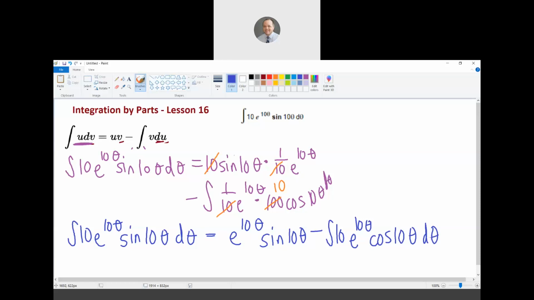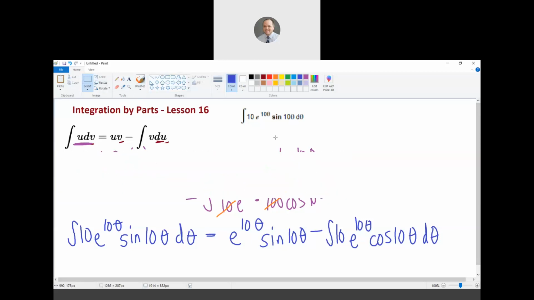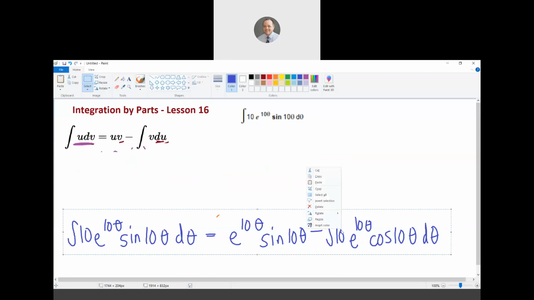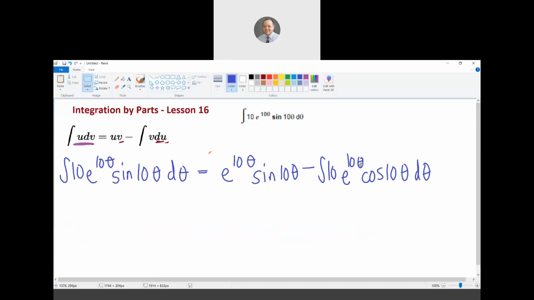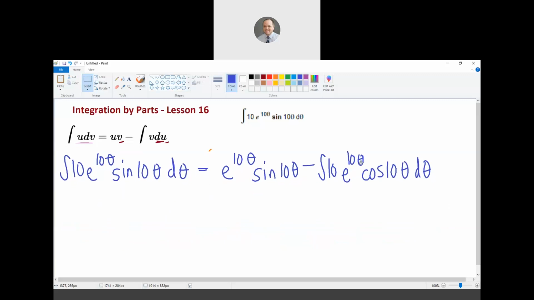And it looks like we have to use integration by parts once again. So let me see if I can erase this part since we're done with it now, and then try and move this up here. Okay, there we go.